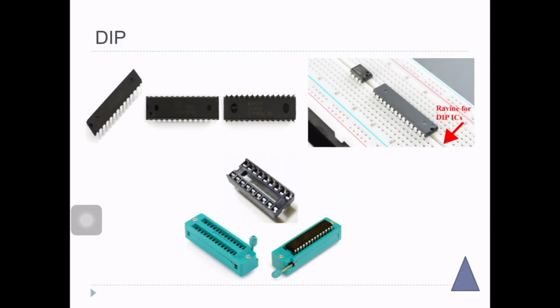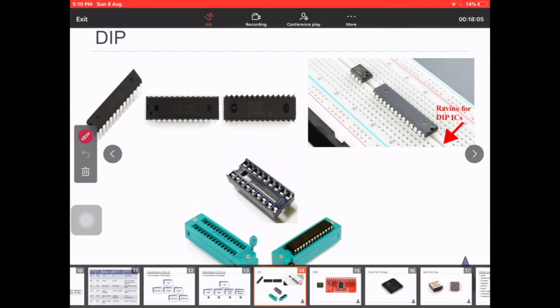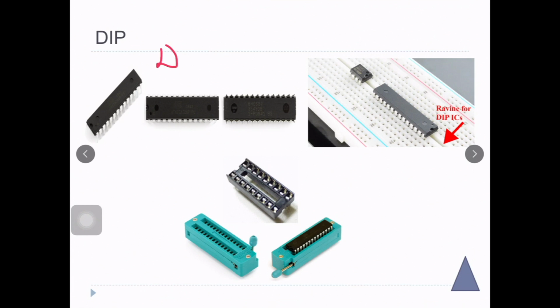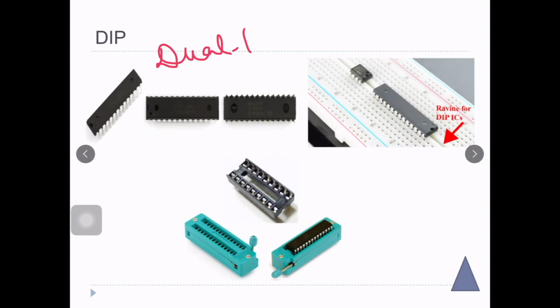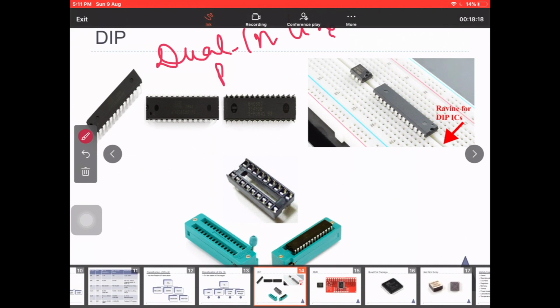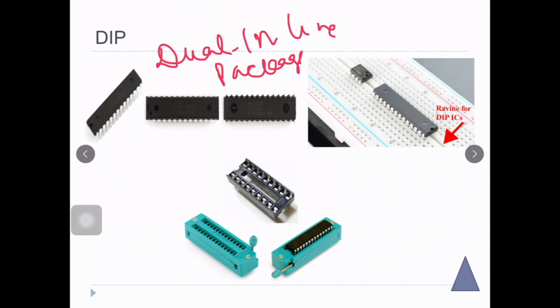DIP, as you can see, this is DIP, dual inline package. As you can see, these are the sockets which are used in the circuit to protect it from the frequent change of the ICs.